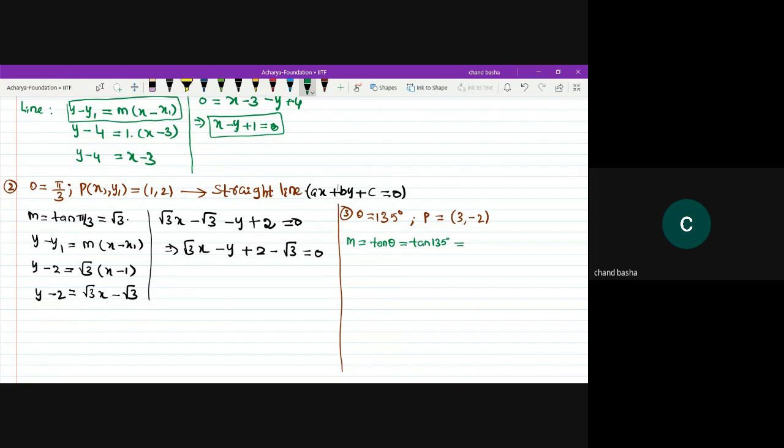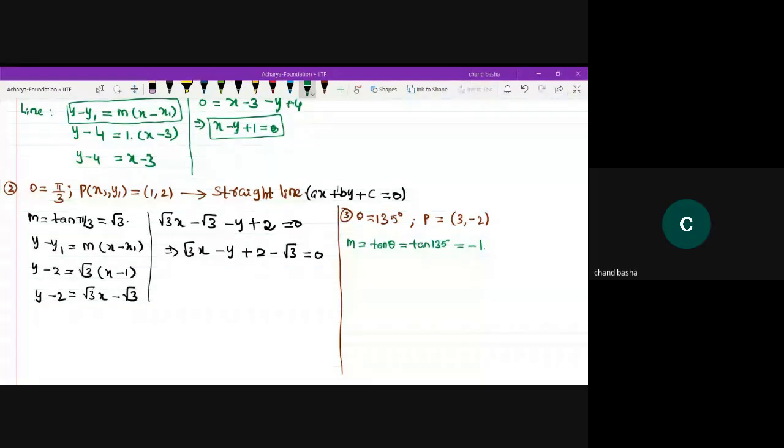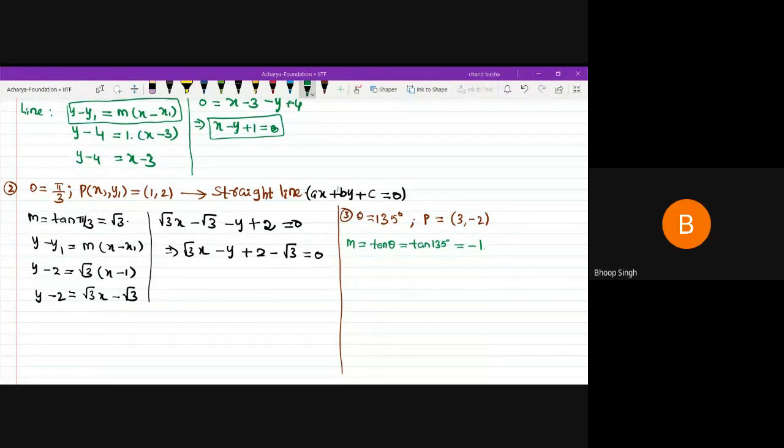Slope means what? The minus 1. Is it tan theta or not? It is tan theta. Very good. Okay, sir. So Narasimha Reddy, any doubt?